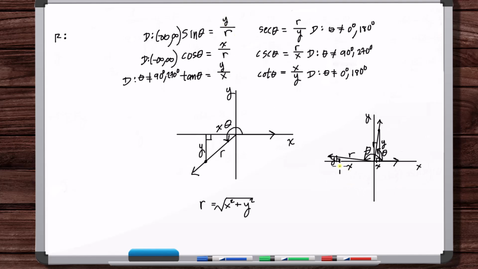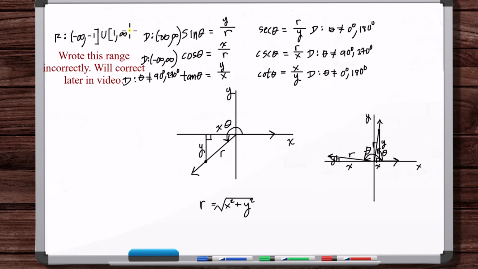But when we come below the x-axis, we could have negative y values. But even the negative y value is always going to be less than r, or at most equal to r. You'll have y equal to negative r. So what you can see is the range is always going to be something between -1 and 1, including -1 and 1. So the range is -infinity to -1, including -1, in union with 1 to infinity.